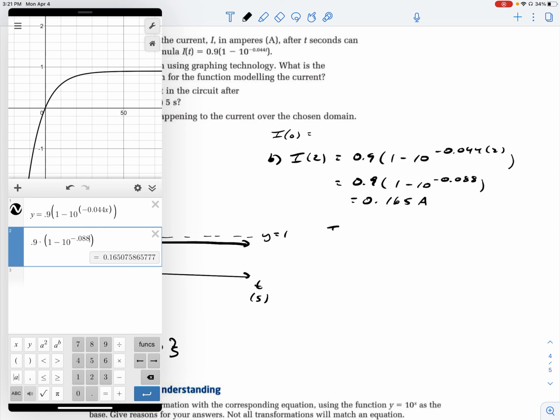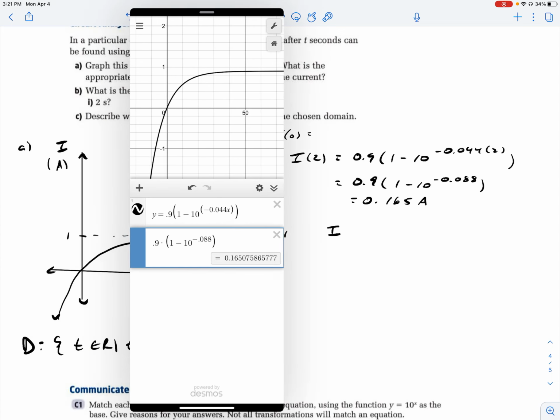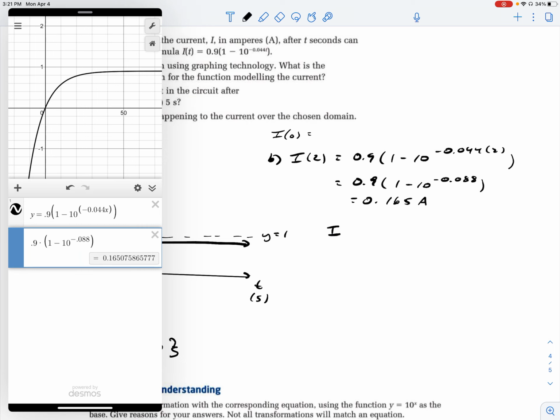Okay. And then at 5 seconds, so it's probably going to be getting closer to the horizontal asymptote, closer to 1. So 0.9 times 1 minus 10 to the negative 0.044 times 5. I'm not going to bother calculating that. I'm just going to plug it all right in.